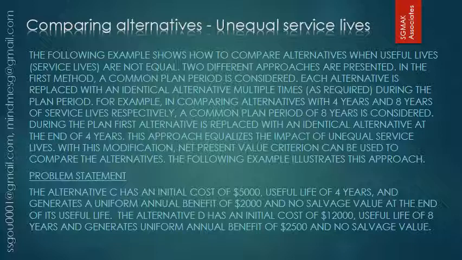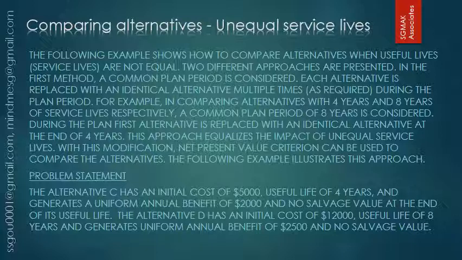During this plan period, the first alternative is replaced with an identical alternative at the end of 4 years because it has 4 years of service life. This approach equalizes the impact of unequal service lives. With this modification, net present value criteria can be used to compare the alternatives.